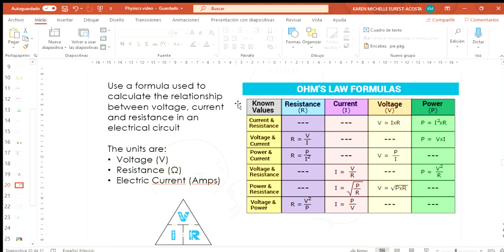Here we can see a little table where we have all of the formulas that we can use when we have just two known values to get all these answers: the power, current, voltage, and resistance.